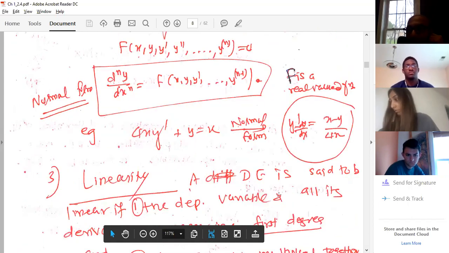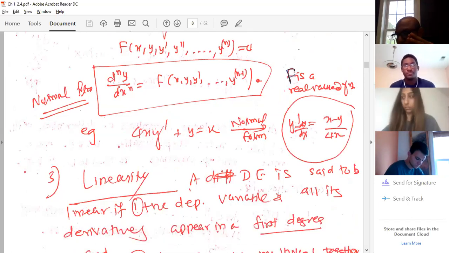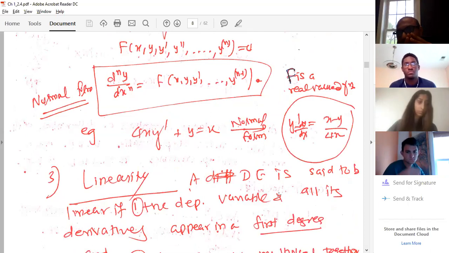Okay. Second part, linearity. I will be using this definition so many times, at least 5 to 7 times, at least 10 times in the course. And that's why I want all you guys to memorize this definition, please. Linearity. A differential equation is said to be linear if two conditions are satisfied. The first condition concerns the dependent variable.